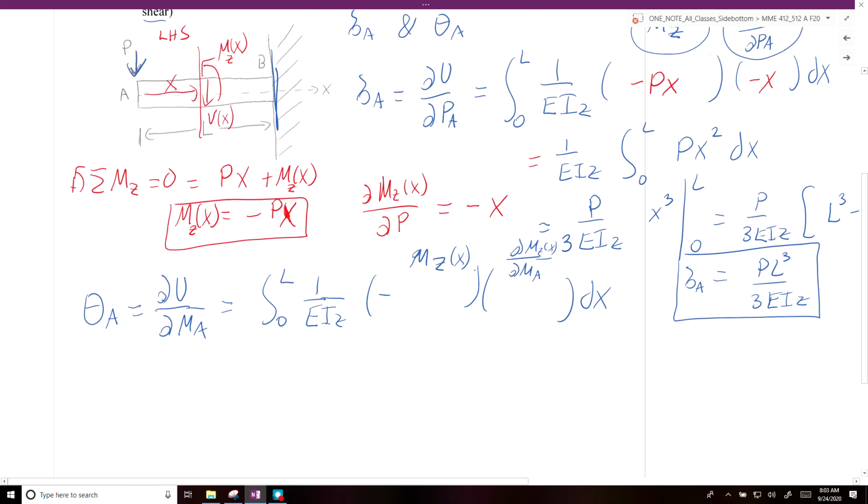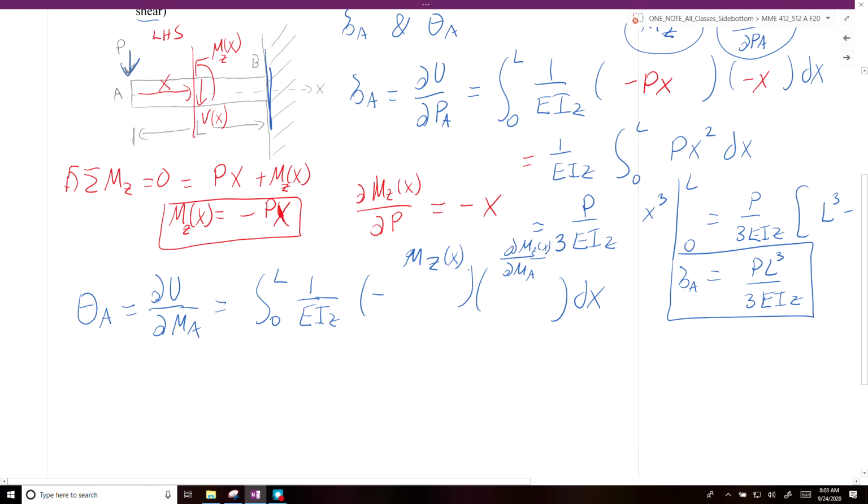So we need to calculate what Mz of x is and what the derivative of Mz of x with respect to the concentrated moment is.